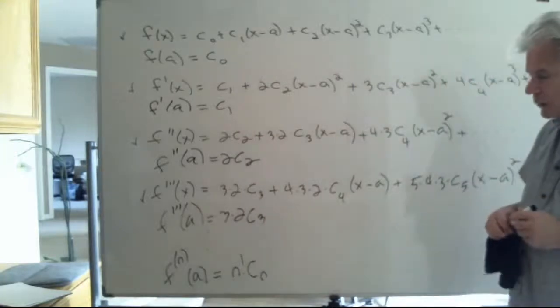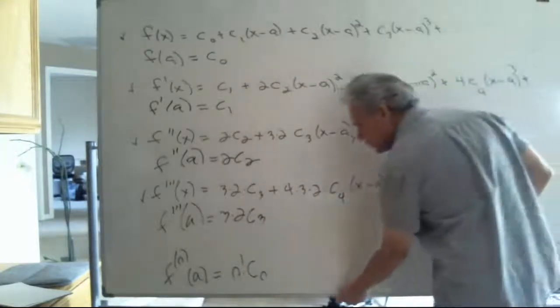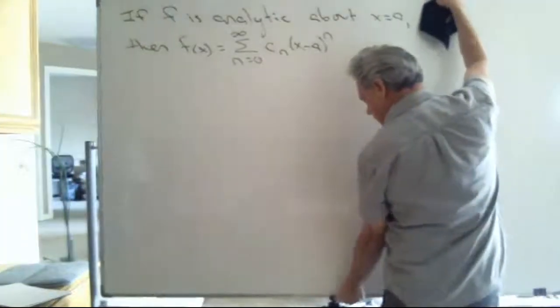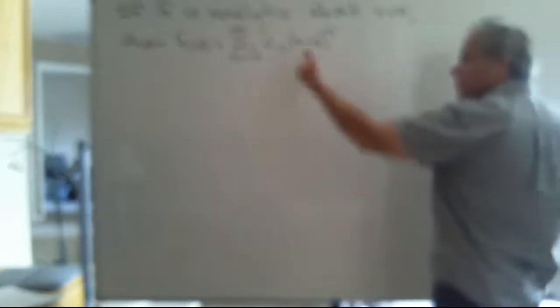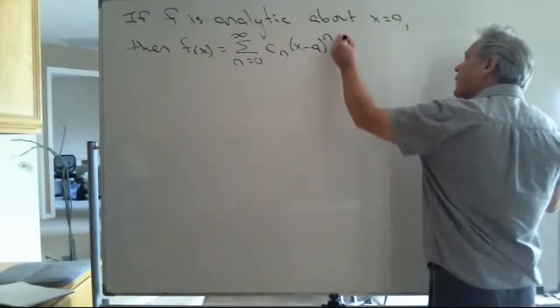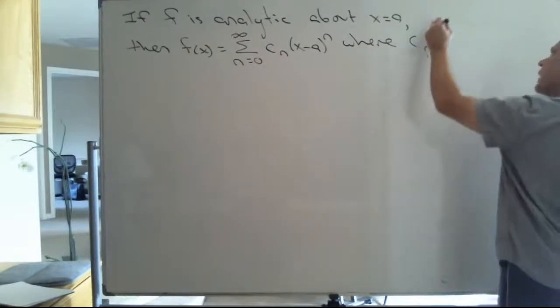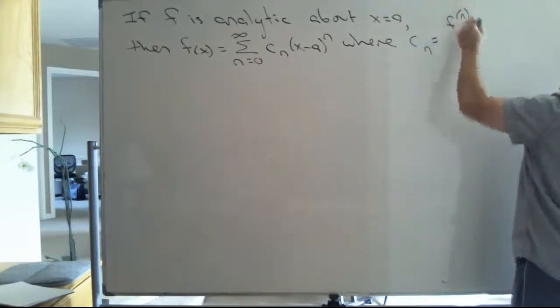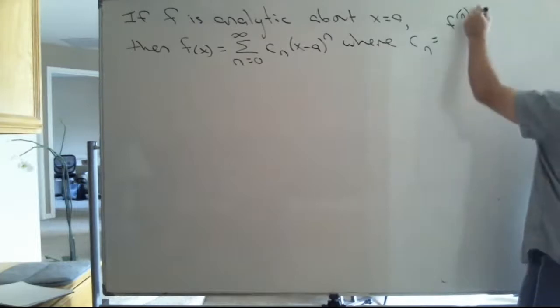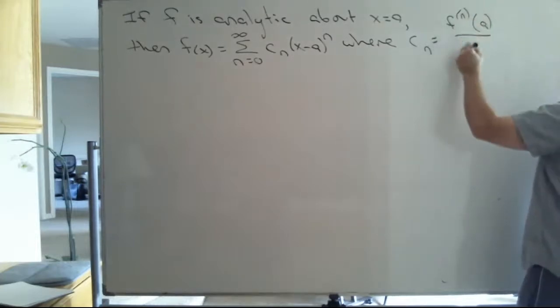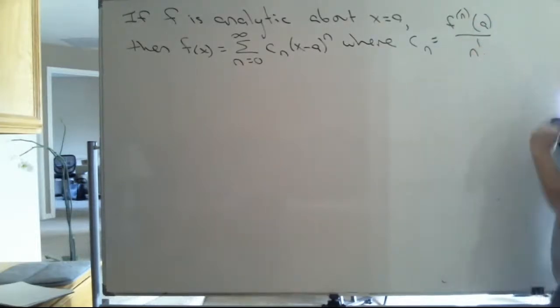Now take a peek at that relationship. Rewriting, what I'm really suggesting is this. If f is indeed analytic about x equals a, the output of f can be expressed in this form, where, more specifically, c sub n can be expressed as a ratio of the nth order derivative for f, evaluated at x equals a, divided by n factorial.